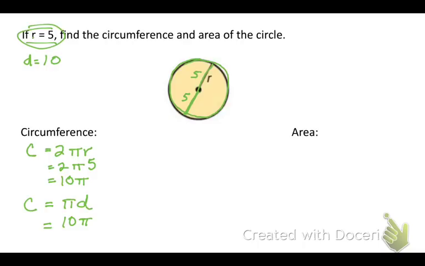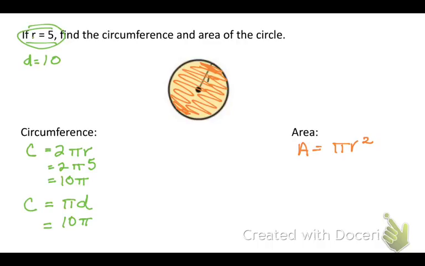So here's area, and we're reminded that our formula for area is pi r squared. And remember that area, let's take away circumference, our area is all this yellow part inside.